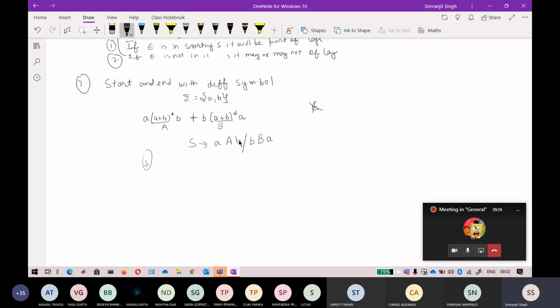Now you know how to define these. Do not think that you can define a slash b equal to; do not use this. On the left hand side there will always be one non-terminal in case of regular grammars.